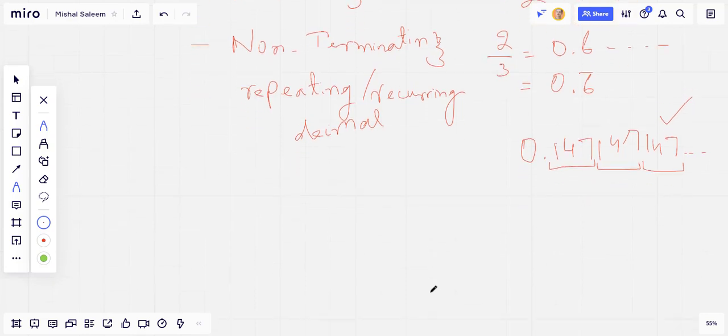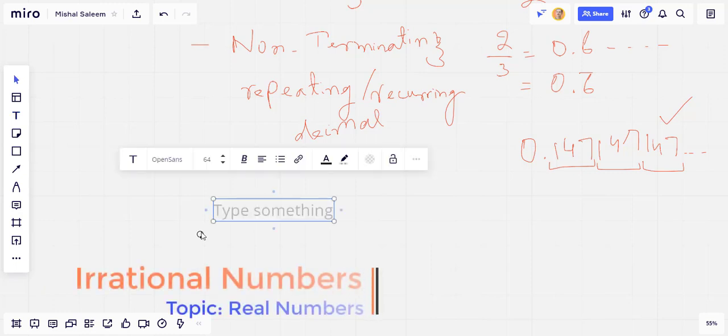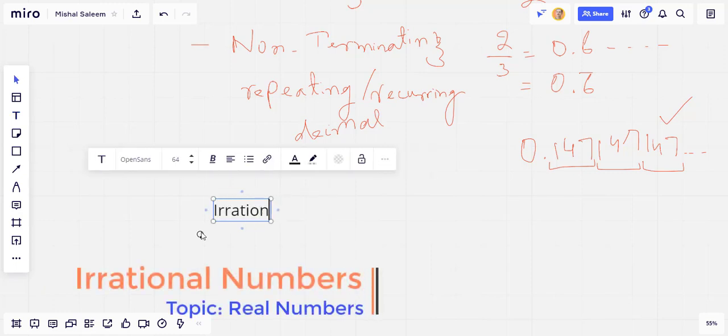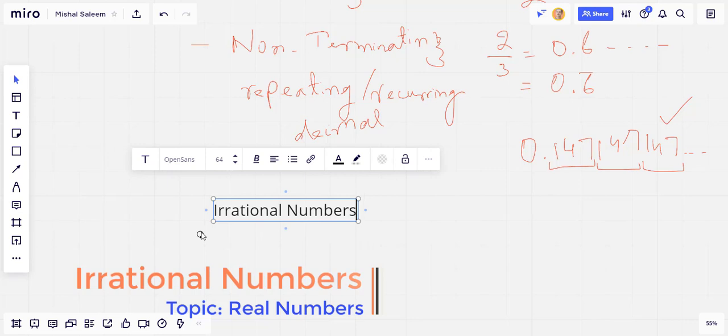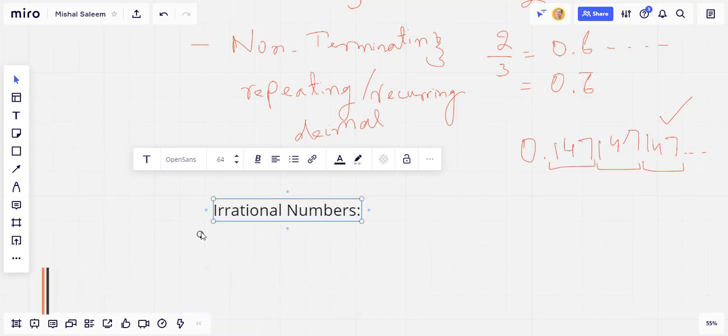Alright, moving on. The last one is irrational numbers. Irrational numbers are really easy when you know the concept of rational numbers as in p by q form.